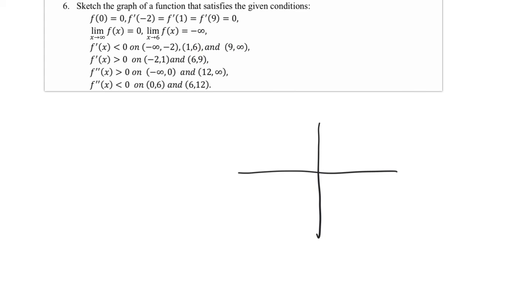So I'm just going to plot those points because those seem to be important points. There's an important point at 0. There's an important point at -2. Apparently there's something going on when x is 1. Apparently there's something going on when x is 9. Apparently over here there's something going on when x is 12, so we're going to make sure that's represented.